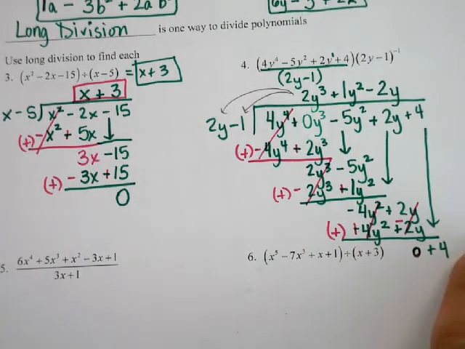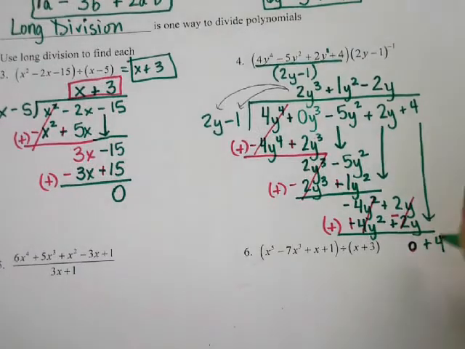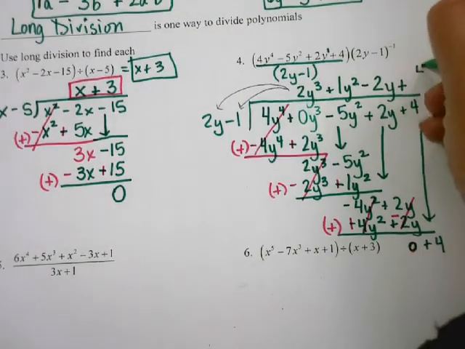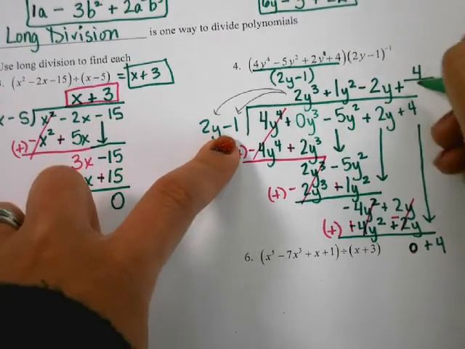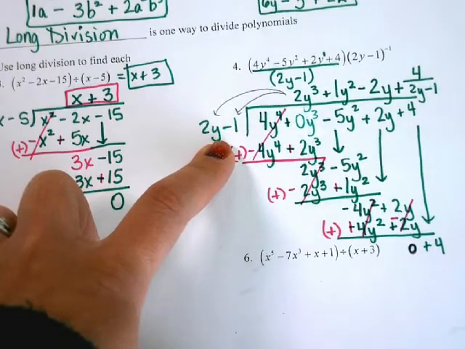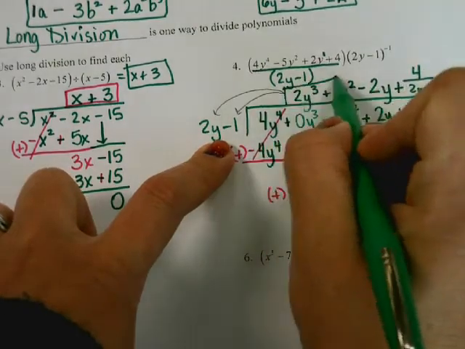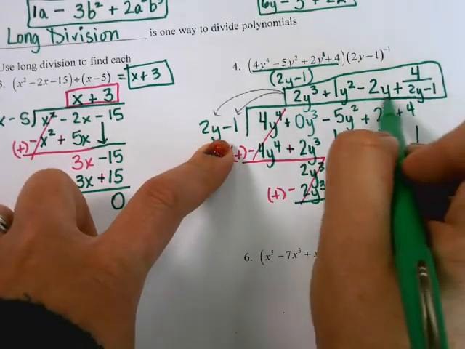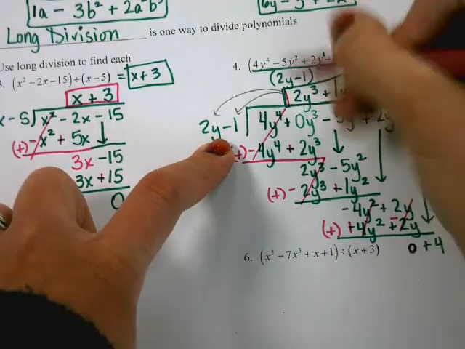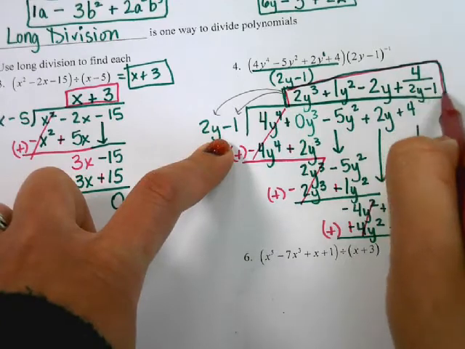So here's how you're going to write your remainder. He's a positive 4, so I'm going to say plus 4 divided by what I'm divided by, 2y plus 1. So there is your solution. So you take your remainder and put him as a fraction.